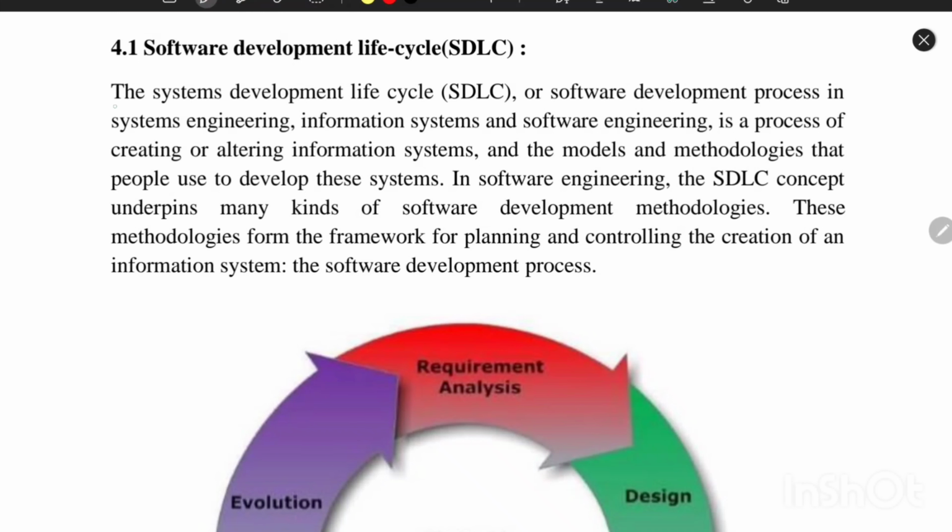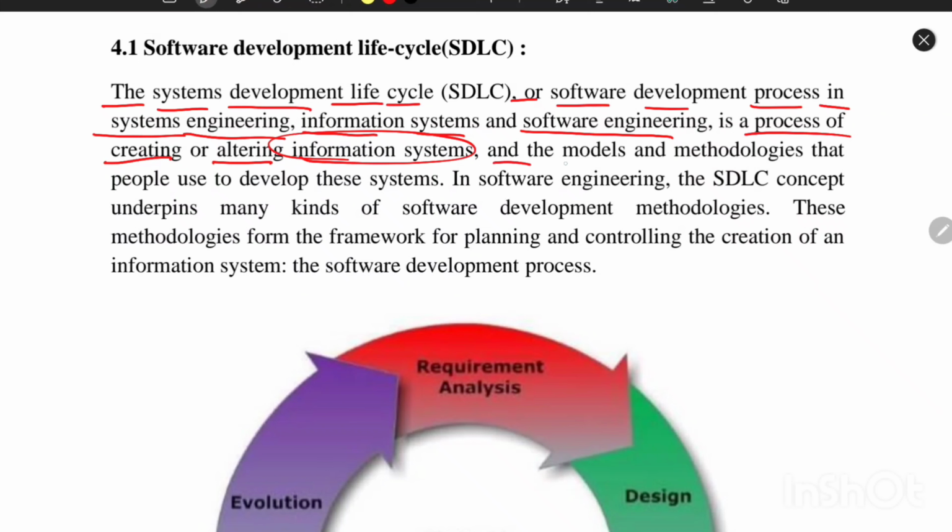First of all, they are telling that the system development life cycle or software development process in system engineering, information systems and software engineering, is a process of creating and altering information systems, and the models and methodologies that people use to develop these systems. We are learning this inside it. Actually, SDLC has various models inside it, like the waterfall model, spiral model, and a lot more.